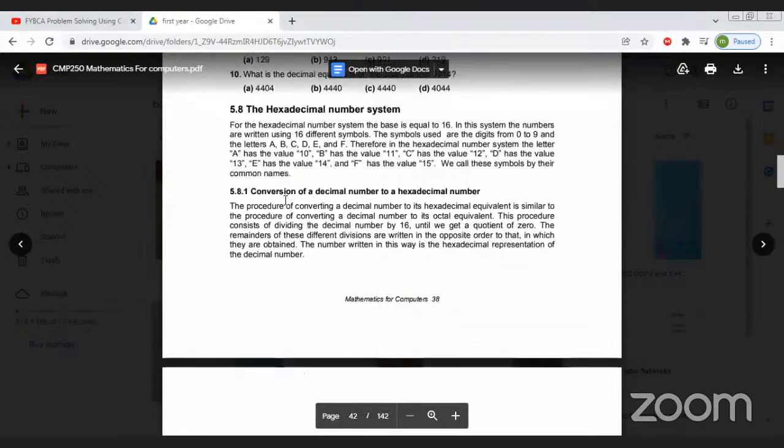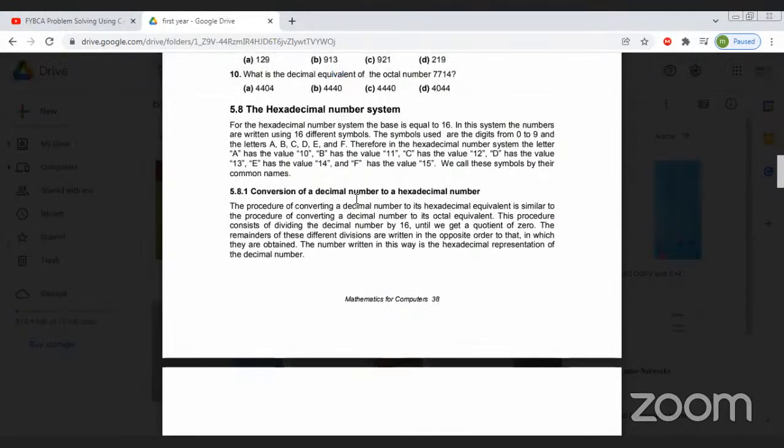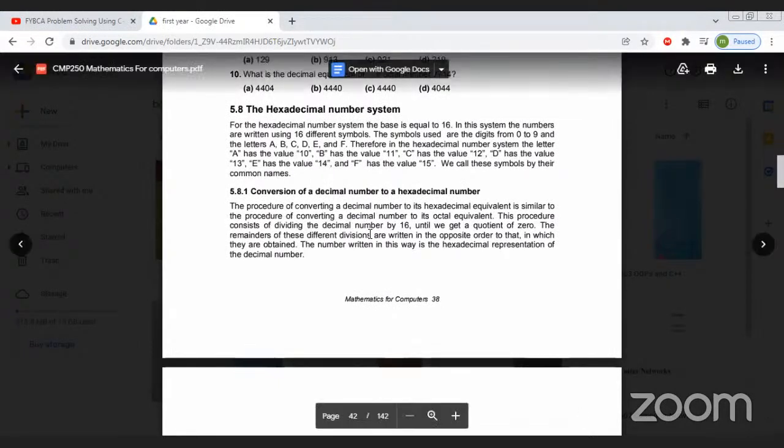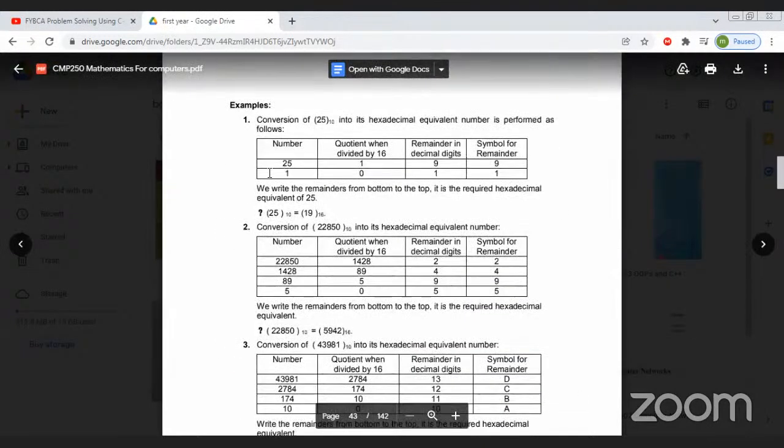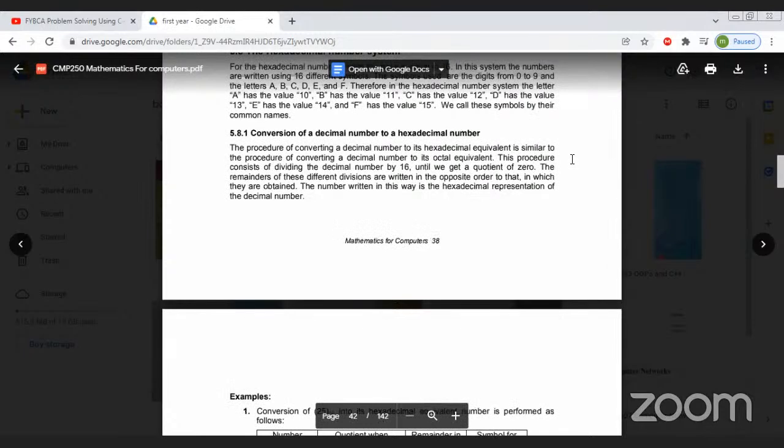So let's see an example. Conversion of a decimal number to a hexadecimal number. The first one, 25. You need to divide it by 16 because we are talking about hexadecimal.